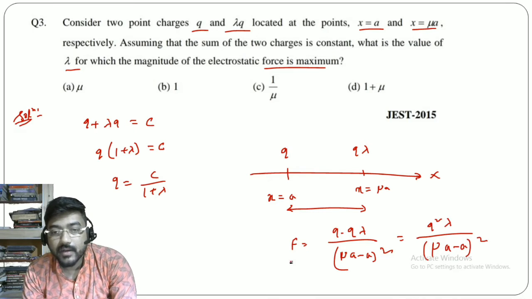And now we have to find out the lambda for which force will be maximum, that means dF by d lambda. Before that we have to express this q in terms of lambda, and we have q is equal to c upon 1 plus lambda. So let me substitute this value here.